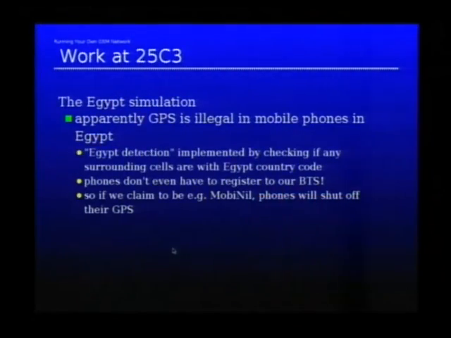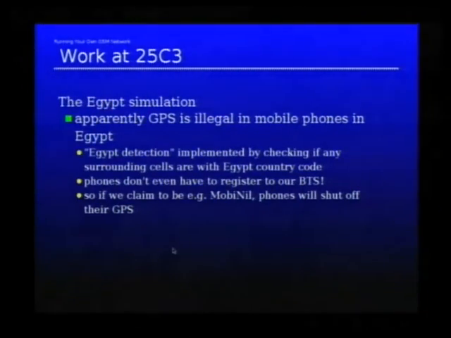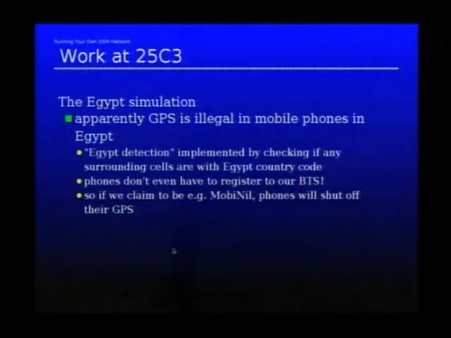So then we had the Egypt simulation. Apparently, GPS is illegal in mobile phones in Egypt. I tried to Google and found a number of pointers. Apparently, that's the case. Mobile phones that are at least officially sold by operators in Egypt have an Egypt detection feature. Once they see a base station that has a country code of Egypt, they switch off the GPS. You don't even have to register to that base station.